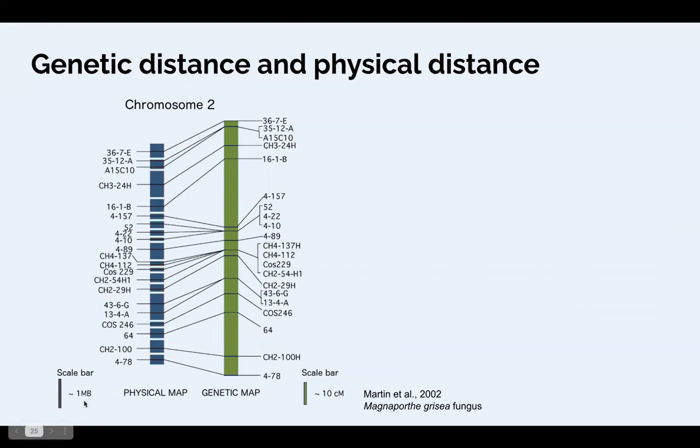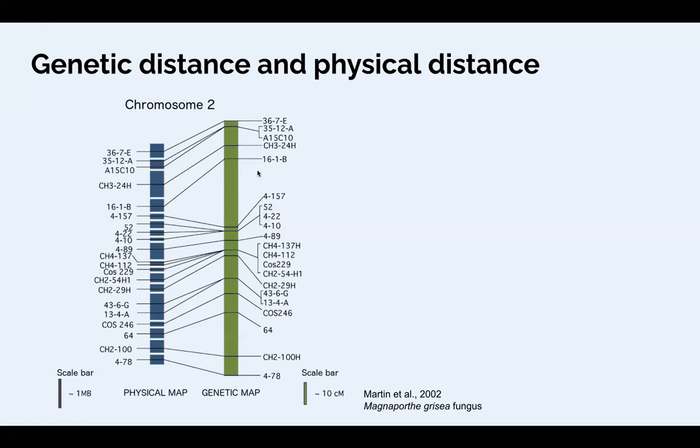So the units here, MB, is mega base pairs. 1 million base pairs is about that distance. And if you had the DNA sequence of this whole chromosome, which they would have, they could tell you exactly how far it is in nucleotides from one gene to another. And that's something we can do a lot more easily these days.